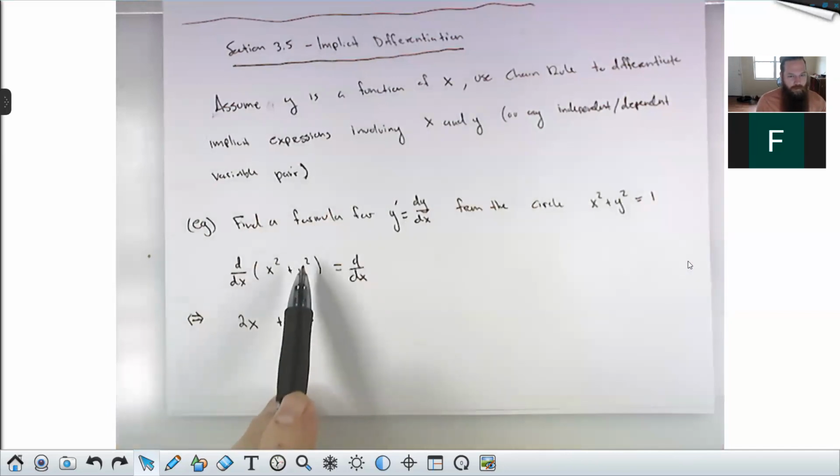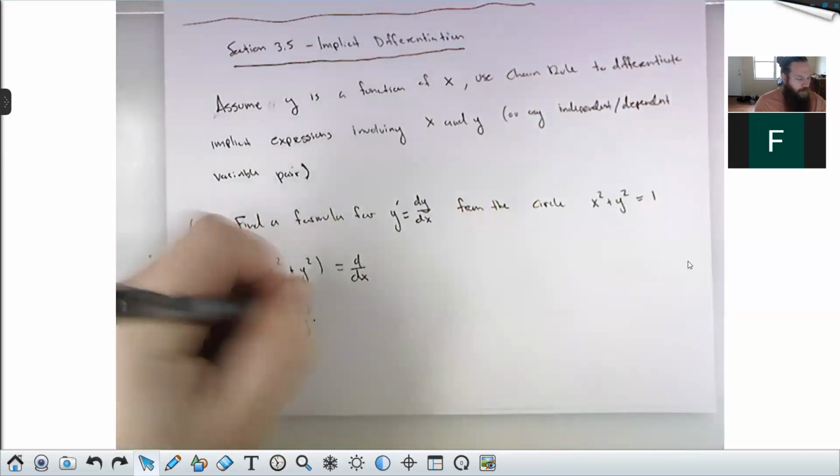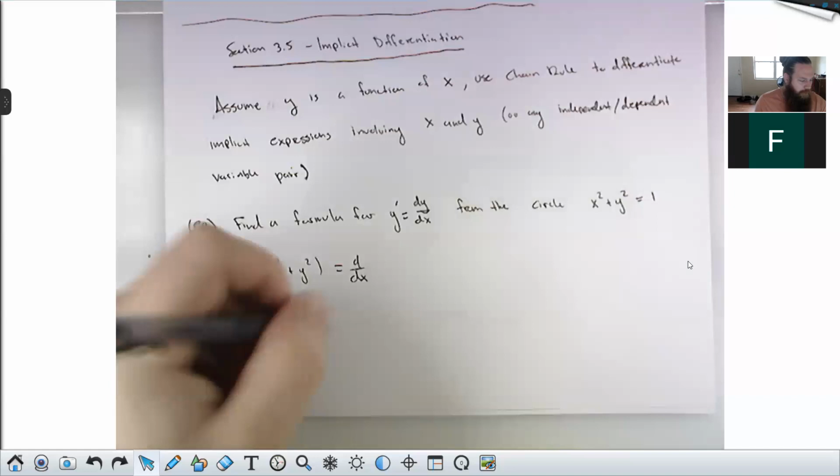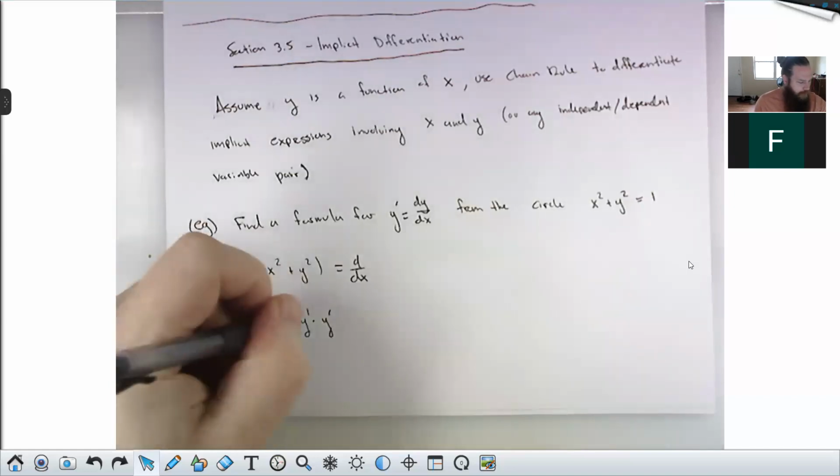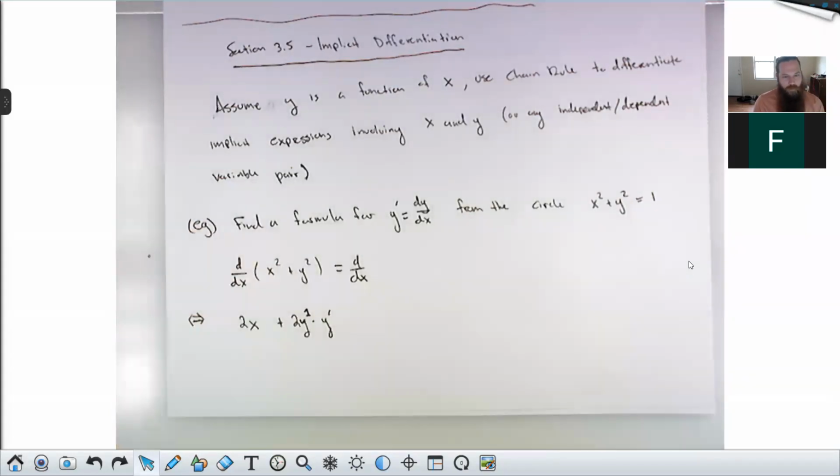The outer function is the squaring function, and the inner function is y. So when we differentiate the outer, leaving the inner alone, we get 2y to the 1, and then I need to multiply by the derivative of the inside. Well, that is y prime. So that's 2y to the 1, make clear that that's a 1, not a prime, times y prime.